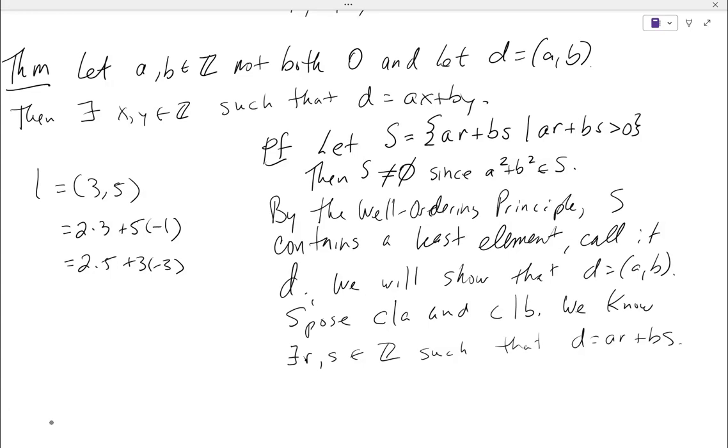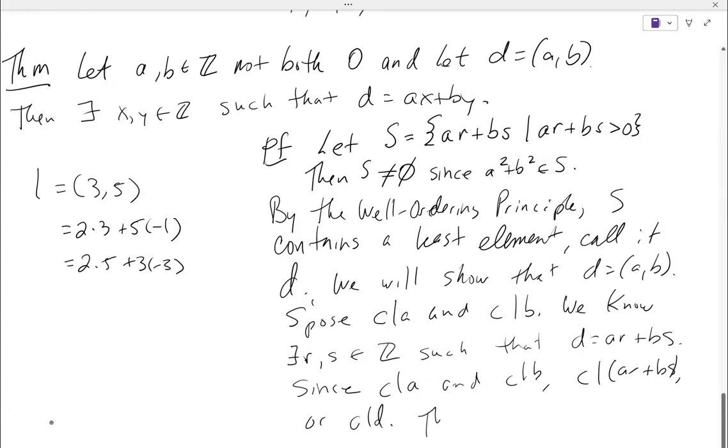So, since C divides A and C divides B, C divides AR plus BS, or C divides D. Therefore, C is less than or equal to D. That last statement, you don't have to write this part down, but I really mean that C is less than or equal to the absolute value of D, because it's possible a common divisor could be negative, right? But why do I know I don't need the absolute value bars?